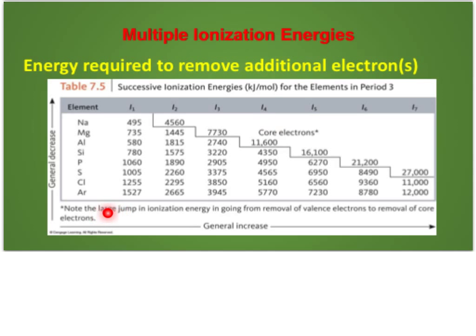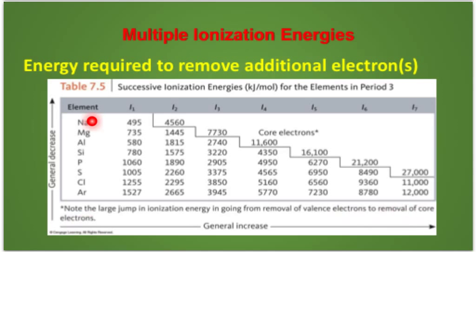So the large jump in ionization energy is because we're going from removing valence electrons to the removal of core electrons. Remember, the core electrons will have a stable configuration, so they will end with a p6, and you're going to require large amounts of energy to break up that p6 orbital, to lose an electron from that p6 orbital.